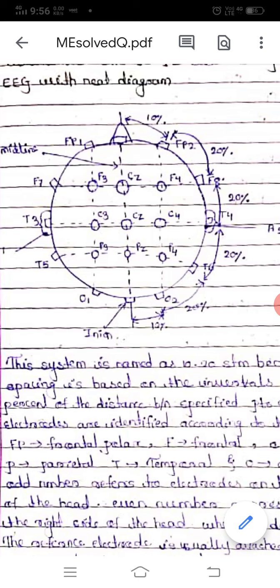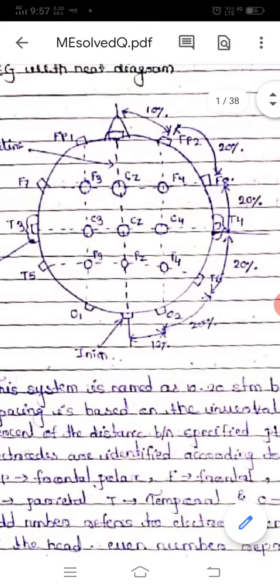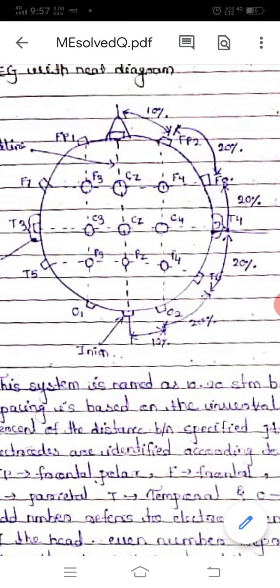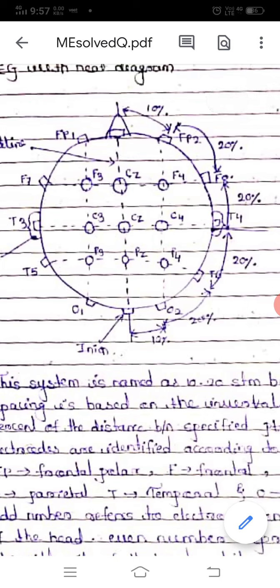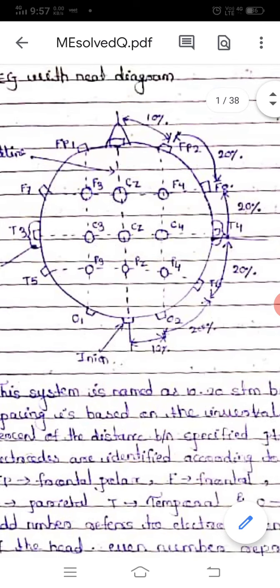Fp is frontal polar, F is frontal, T is temporal, O is occipital, and P is parietal. These are the parts of the brain, and according to them they are named here. C is used for the central line. The central line is connected between the nasion point and the inion point.